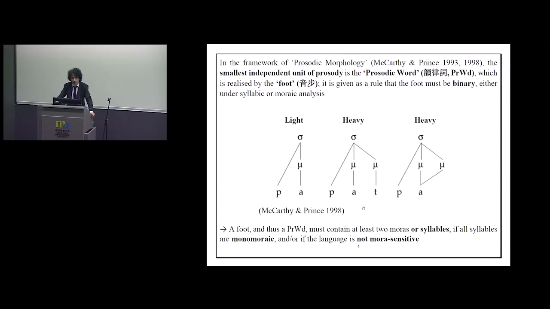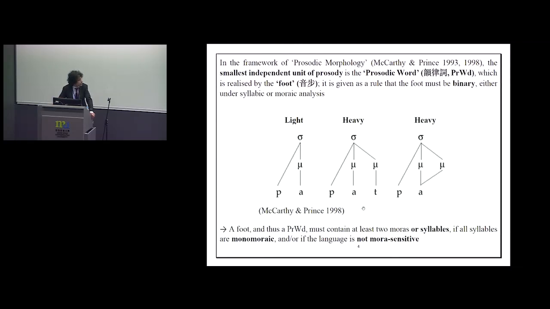The interaction between the prosodic features of syllables and sentences and morphology, word formation, is what the framework of prosodic morphology is about. It was initiated in the 90s by McCarthy and Prince. So what they say basically is that the smallest independent unit of prosody is called a yunlüci, a prosodic word, and this is in turn built from a foot, a yinbu, and the assumption is that the foot must be binary, either under syllabic or moraic analysis.